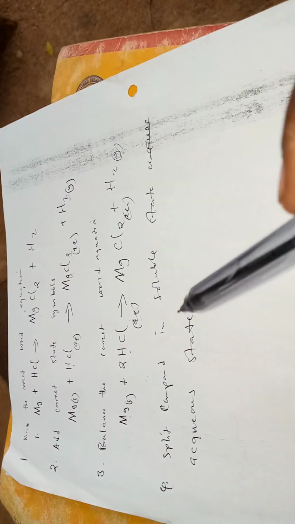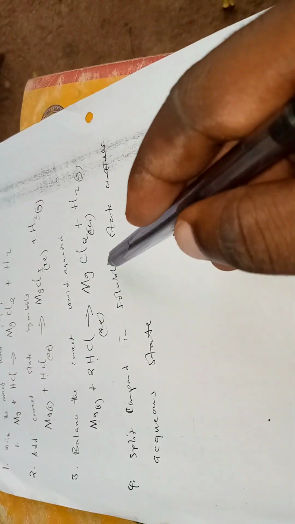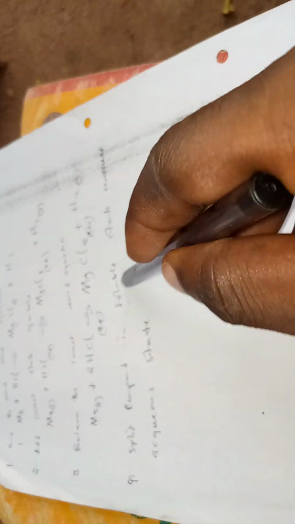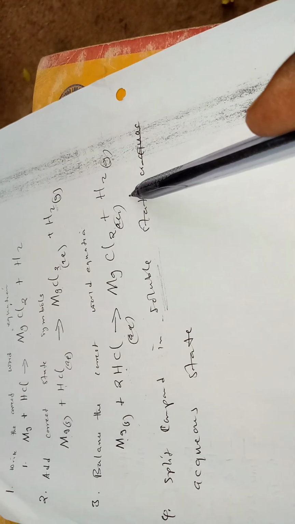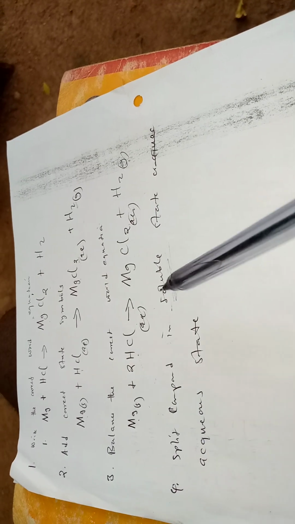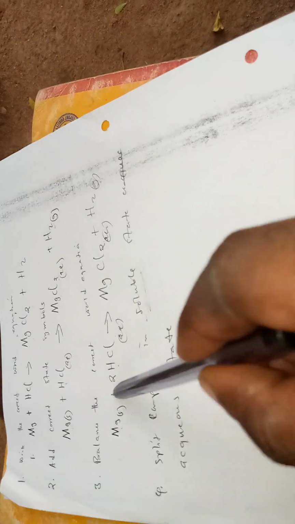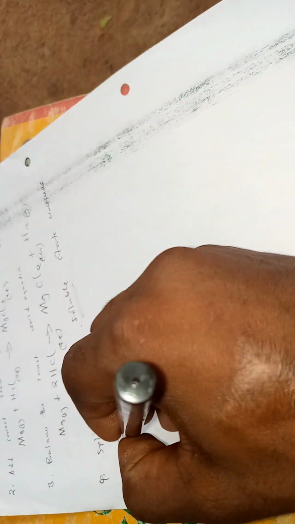So you split compounds which are soluble or in aqueous state. From this we can see that this is the solid, this is aqueous, this is aqueous, this is gas. So on point 4, the only concentration will be on these two, which are in aqueous state. So we are going to split them.